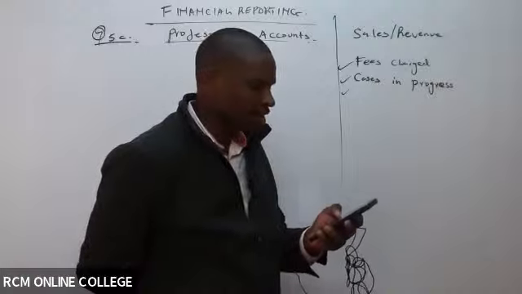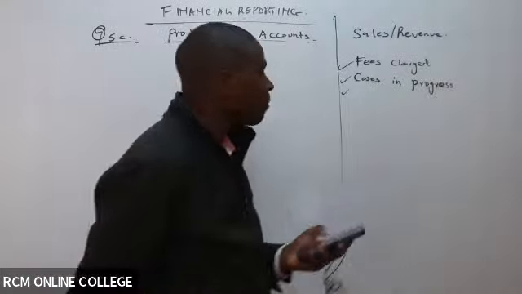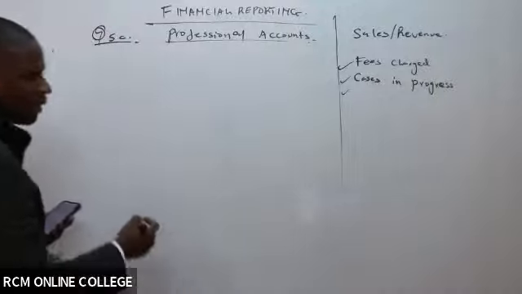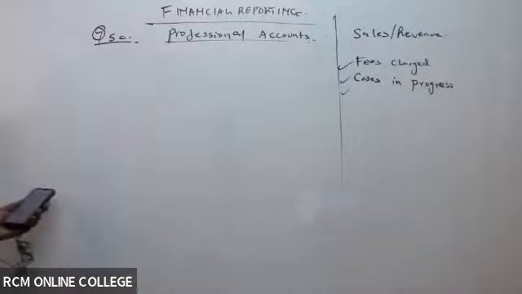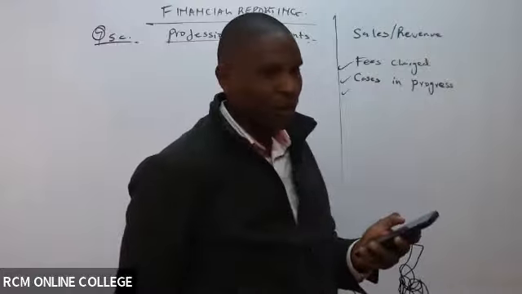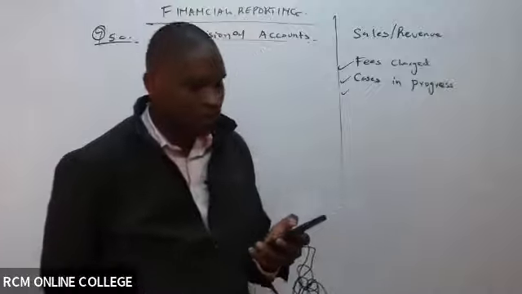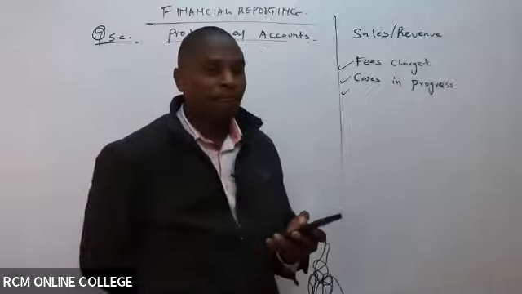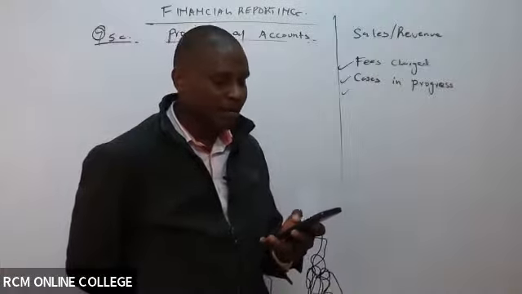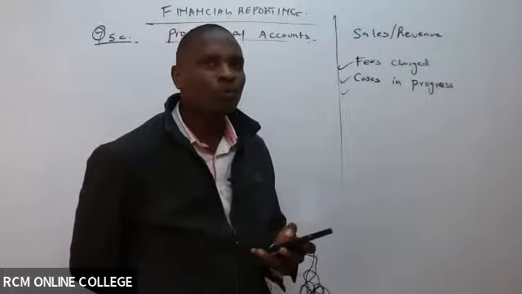From that trial balance there are some things that we can deduce, like cash at bank, client's account, and cash at bank, office account. Cash is a current asset. Therefore, those items will go to the balance sheet.